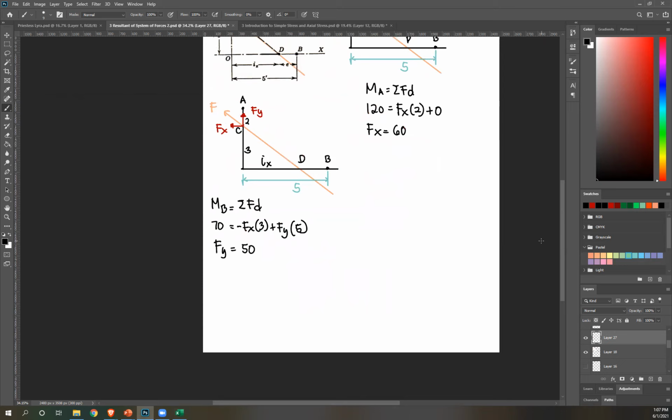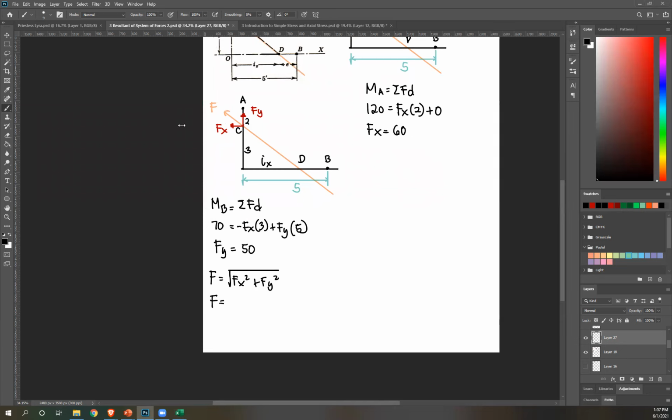Right. Now we have Fx and Fy. You can solve for F. Square root of Fx squared plus Fy squared. We solve knowing that 50 is Fy and Fx is 60. Correct. It's 78.10.